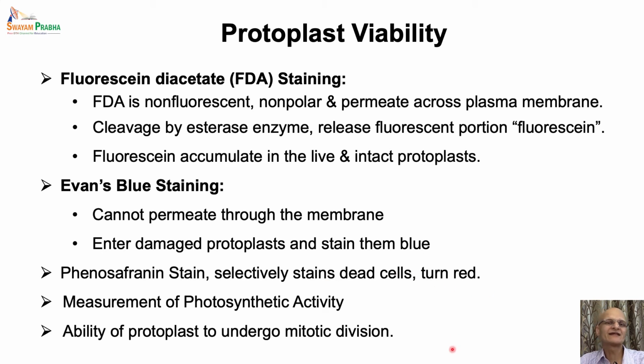It stains the dead cells red. In other methods, photosynthetic activity or the oxygen uptake of the protoplast can be measured as an indication of viability. Or simply analyzing the ability of the protoplast to undergo mitotic divisions can be a good indication of protoplast viability.